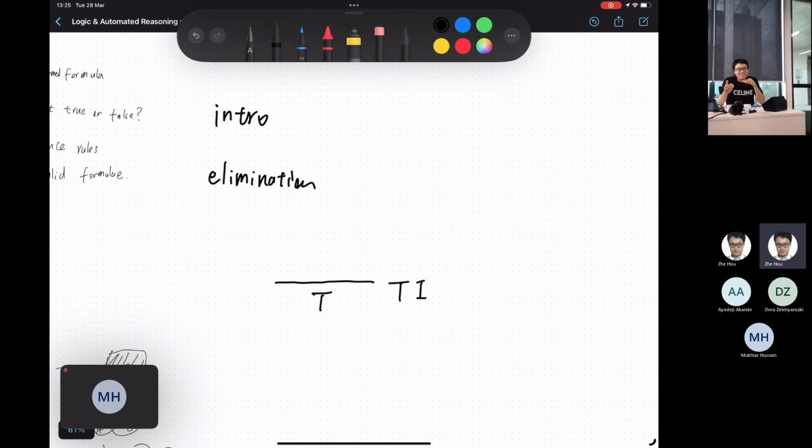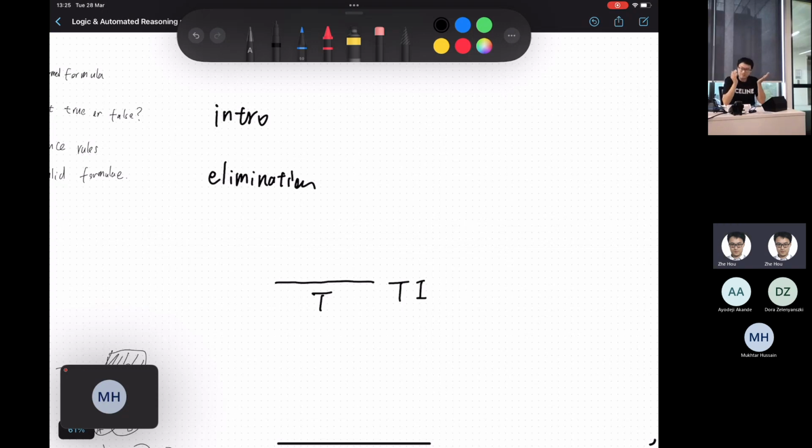Well, this rule is trivial. It says from nothing you get truth, but just because you get truth doesn't mean you get the right answer. Truth is always true, but it doesn't mean your answer is true. Those are two different concepts. So I guess like my markers, I don't think it will work.